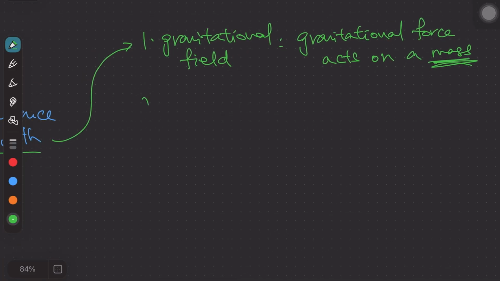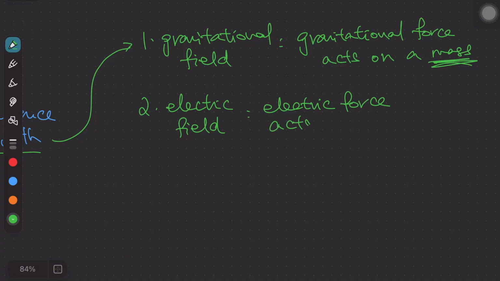Let's look at another example, the electric field. Can you guess what the electric field acts on? It acts on charges, right? So electric force acts on electric charges. And then lastly, we have the magnetic field.